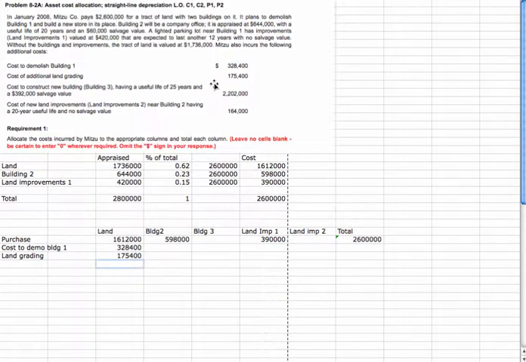Okay, and then any additional costs, the construction cost, we'll call it construction cost for building 3. And according to this, the cost of building 3 was $2,202,000.